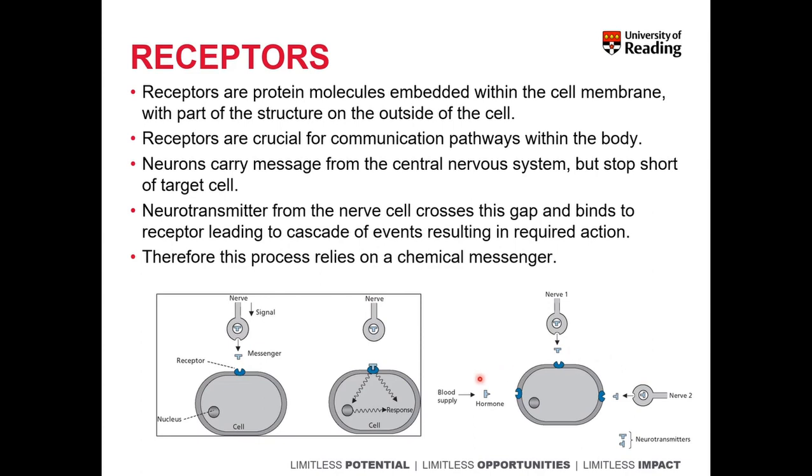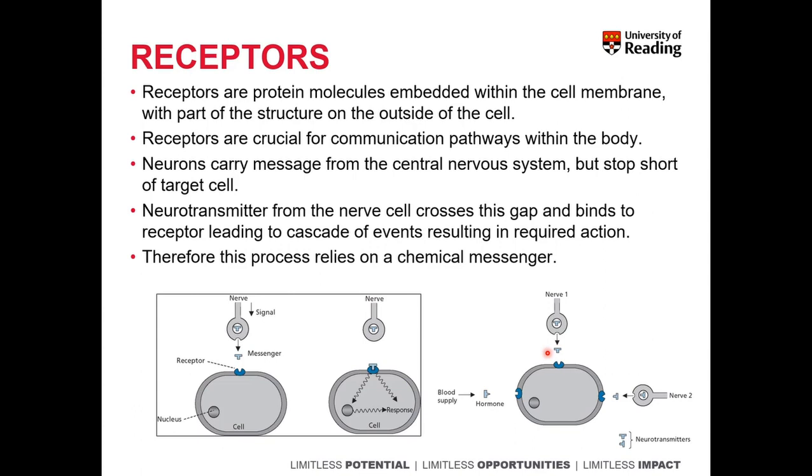And it's this combination of hormones and neurotransmitters that allow us to get messages into cells and tell cells when they need to mount a biological response to something, perhaps to some sort of external stimulus.